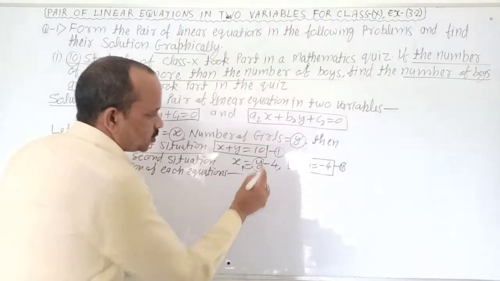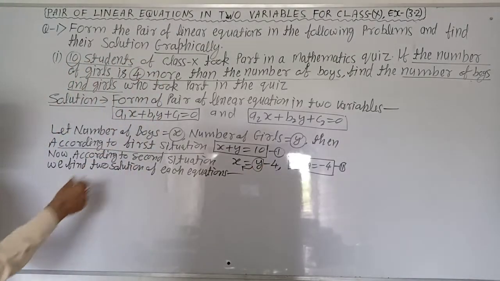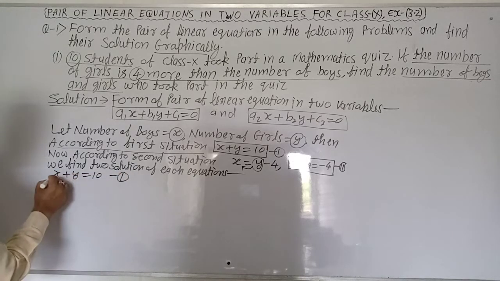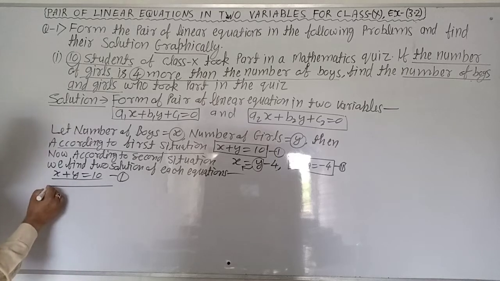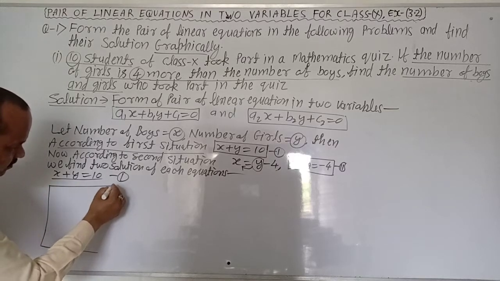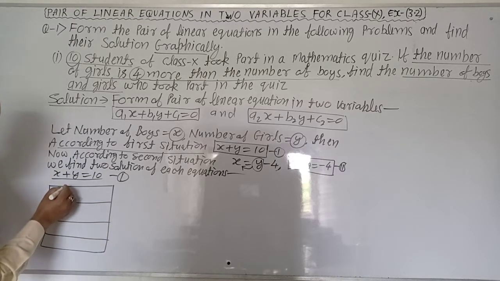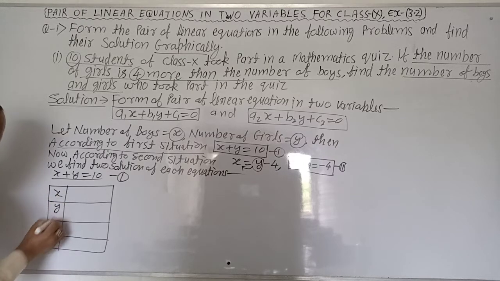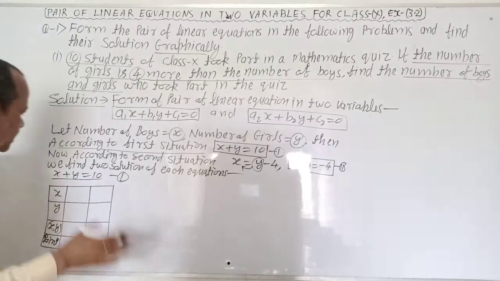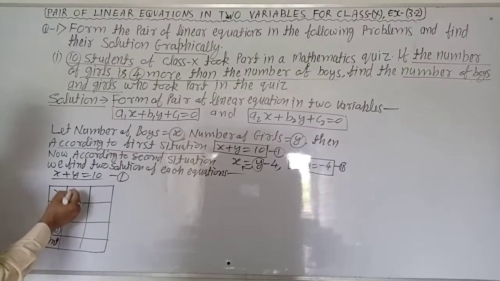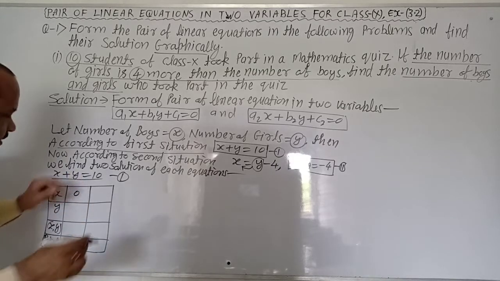We find two solutions of each equation. The first equation is x plus y equal to 10. Here you can write the value of x is 0 and the value of y is 10.